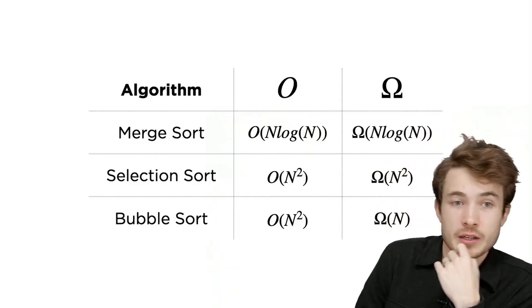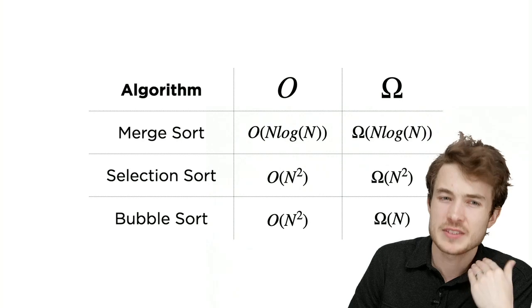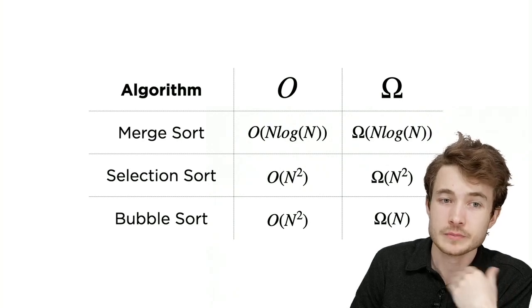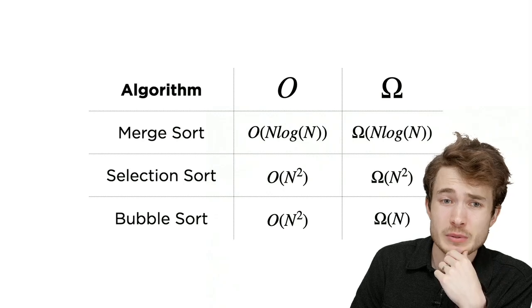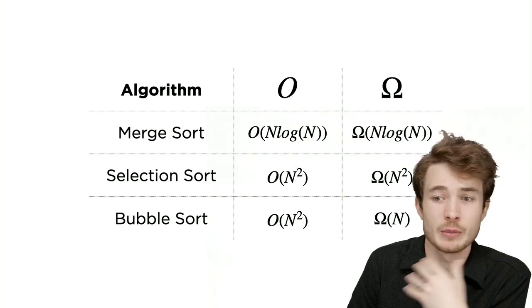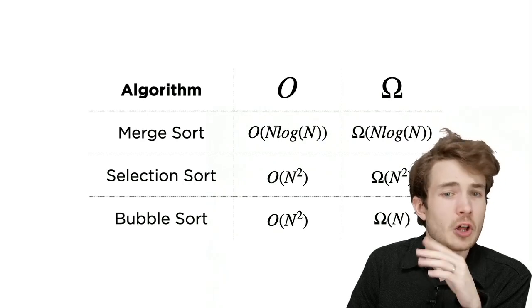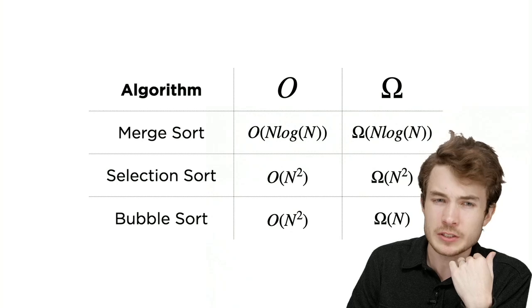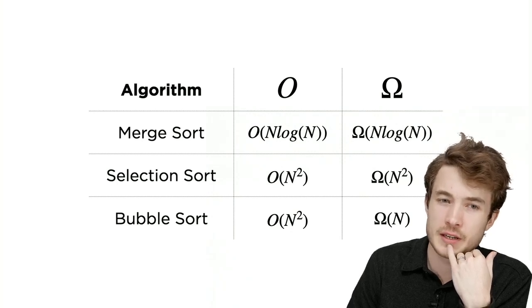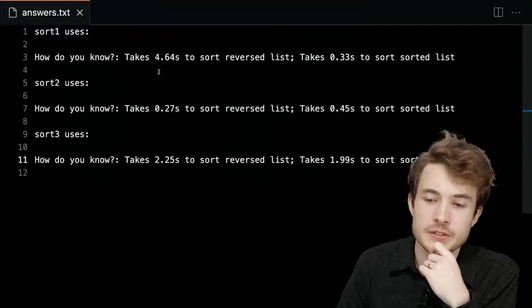So it seems like merge sort, if I look at this list, is generally pretty fast in both cases. Selection sort seems to be pretty slow in both cases, both my reversed list and my sorted list. Bubble sort, though, seems to be slow in the worst case, but actually pretty quick in the best case. So let's take a look at our numbers.